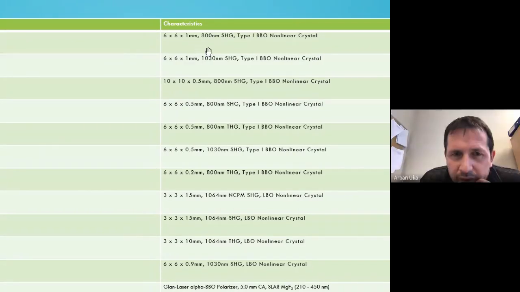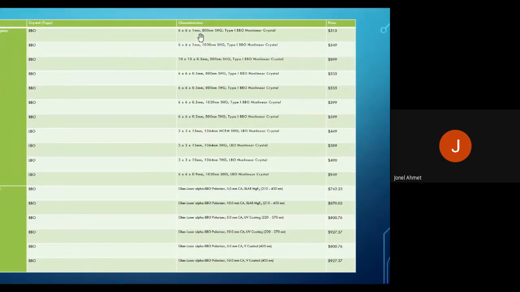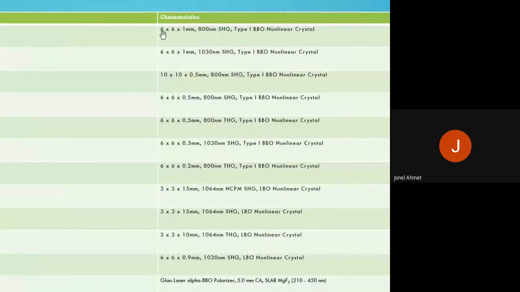Okay. So at the characteristics, this one, for example, the first BBO crystal is a nonlinear crystal where the first 3 digits display the dimension size. So it's 6 by 6 by 1 millimeter, and the last digit represents the wavelength of the laser or the waves that these crystals are able to take through a polarization process.